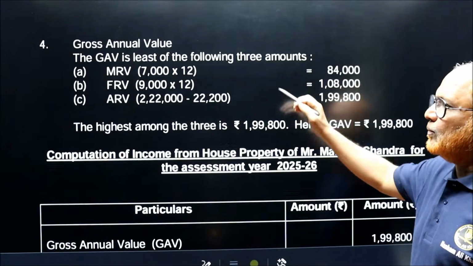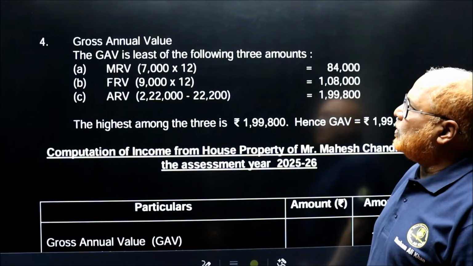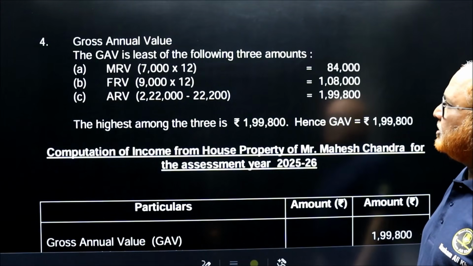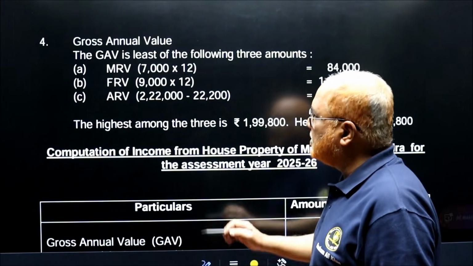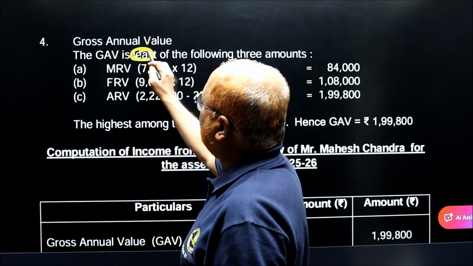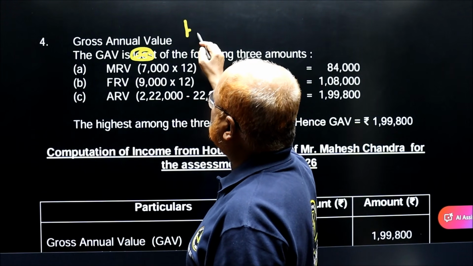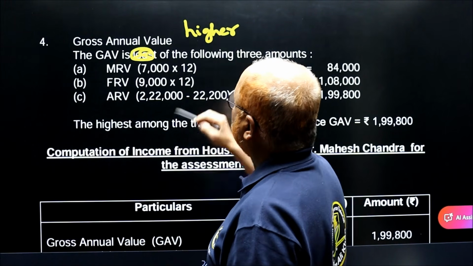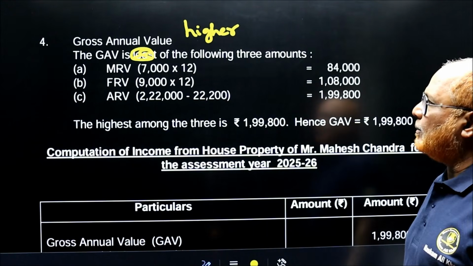Now, gross annual value. GAV is least of the following 3 amounts. So, not least, here there is a printing mistake. GAV is higher. It is higher, not least. Higher of the following 3 amounts.